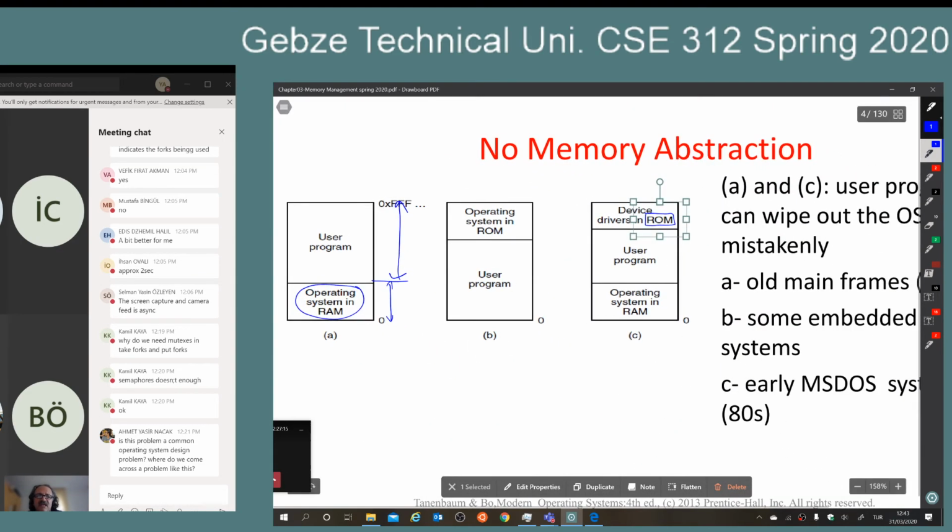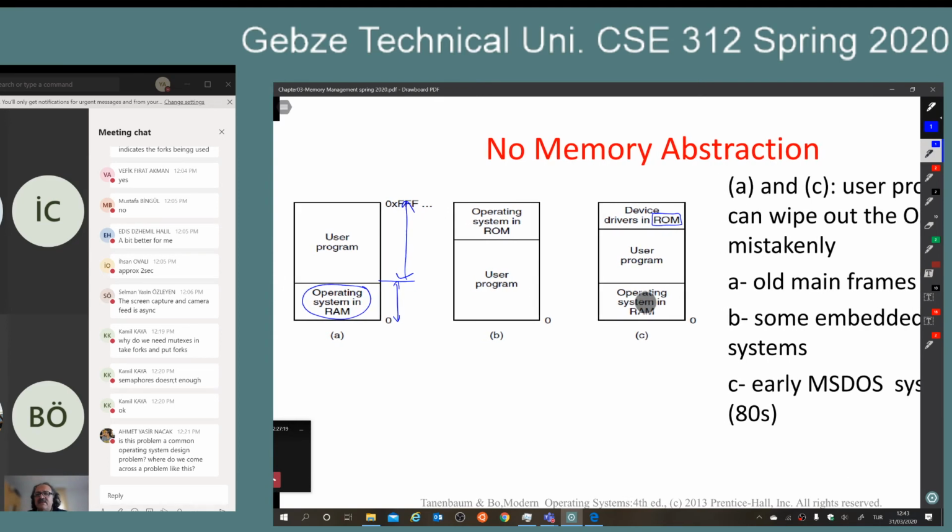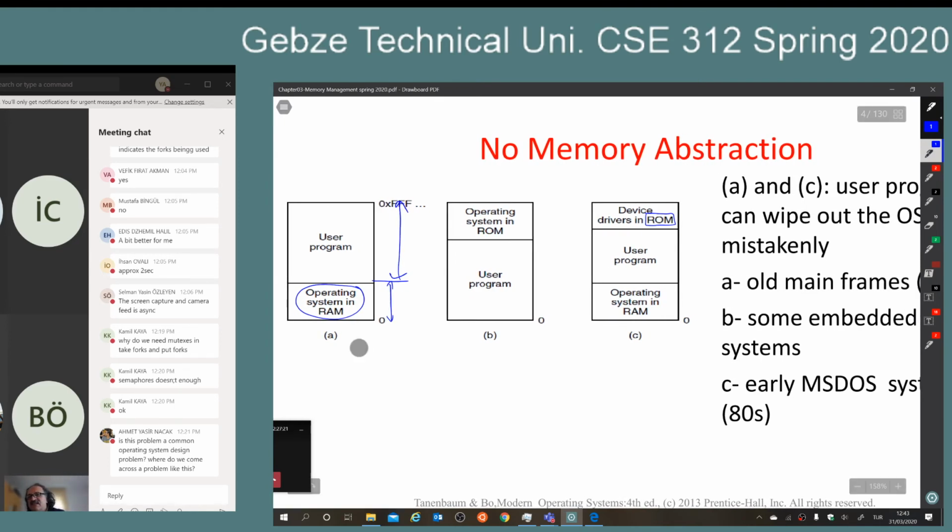So that was the case for the 1980s. Again, they were facing the same problem that they had faced in the 1960s. And sometimes my operating system is like this for embedded systems: user programs are there and my operating system is at the top in a ROM, read-only memory.